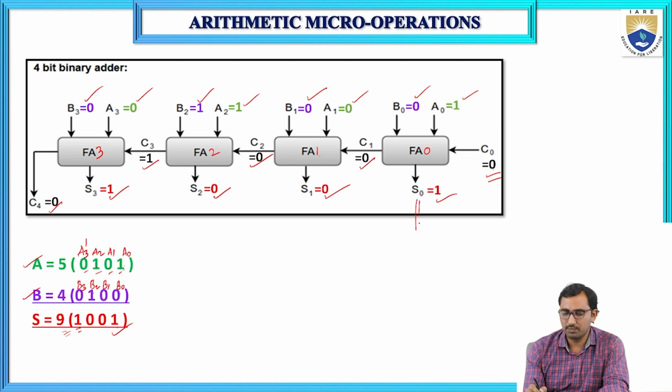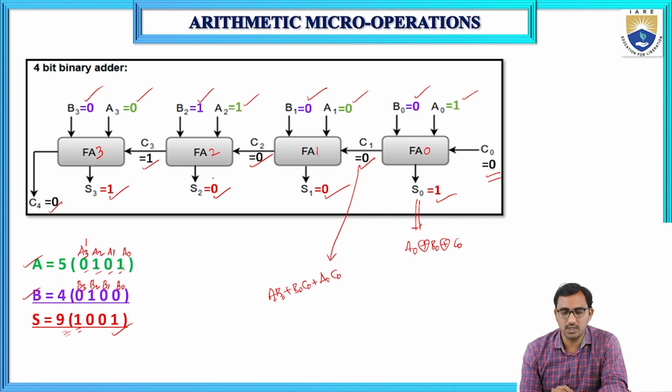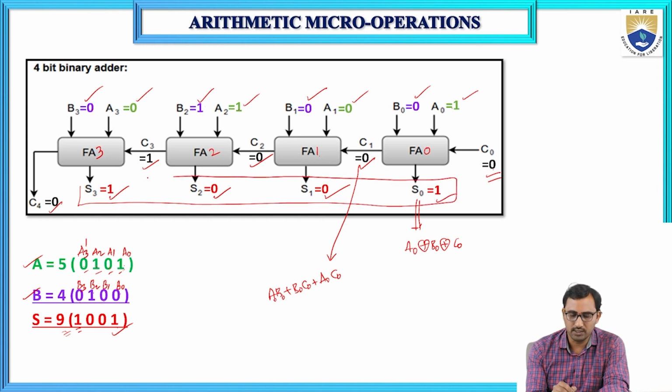The sum expression is A0 XOR B0 XOR C0. Similarly, the carry expression is A0B0 plus B0C0 plus A0C0. Like that we will get all the corresponding sums and carries. Finally, for the result we need to take all these sum bits.